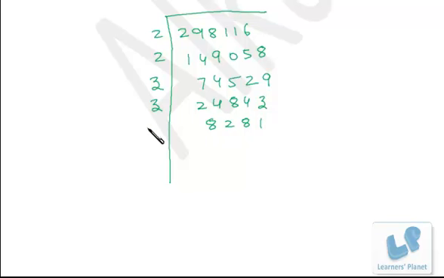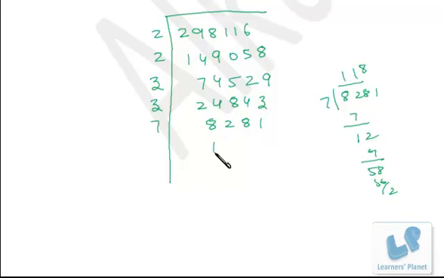Let's try 7. So 7, I just write over here, 82, 81. 7 1s are 7, 7 8s are 56. That means it is divisible by 7. So let's divide it. Further I divide it by 7. 7 6s are 42, 7 9s are 63, right? Then this is 13 into 13 and then 13 into 1.